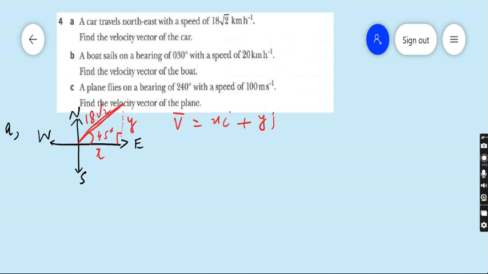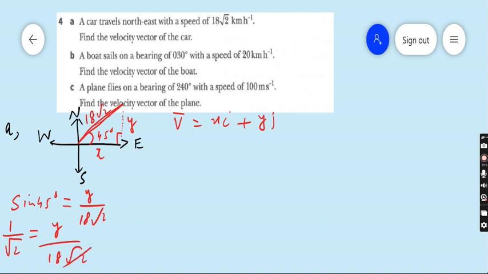From simple trigonometry of a right angle triangle, sine 45 equals opposite upon hypotenuse, that is y upon 18 root 2. Sine 45 is 1 upon root 2, equals y upon 18 root 2. Root 2 cancels by root 2. The answer is y equals 18.